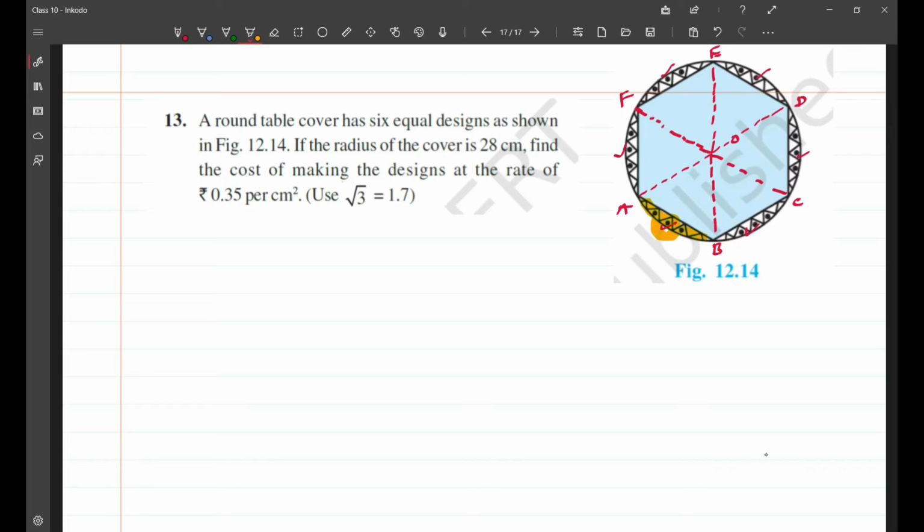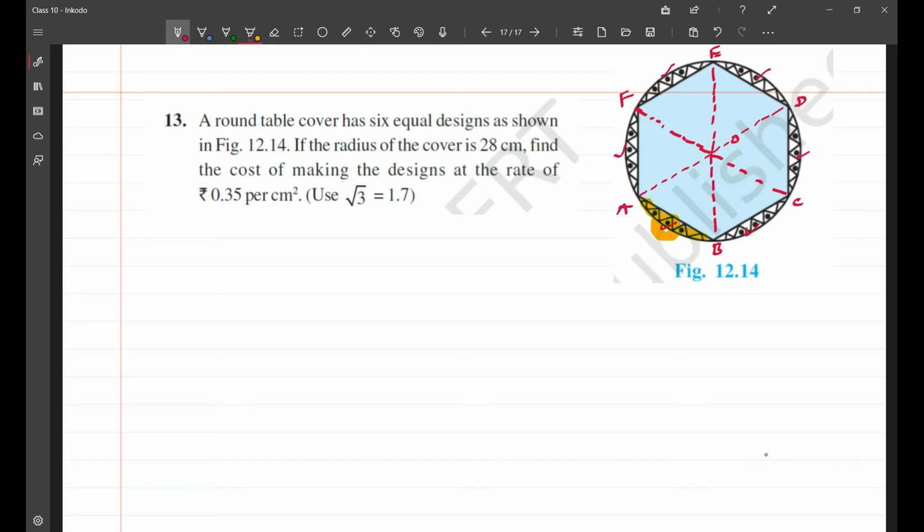Firstly we will find out the area of one design. How will you find out the area of one design? From the area of sector OAB, if we subtract the area of triangle OAB, then we will get the area of one design. Then we can multiply by 6 because there are 6 such designs.